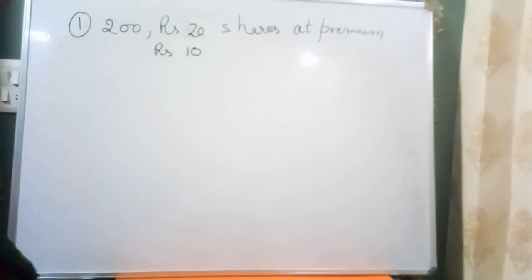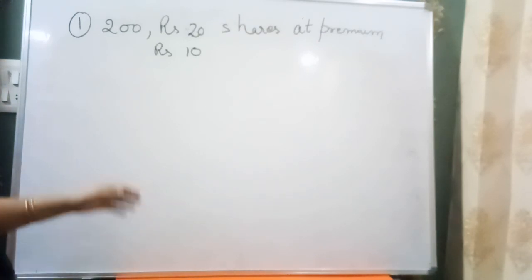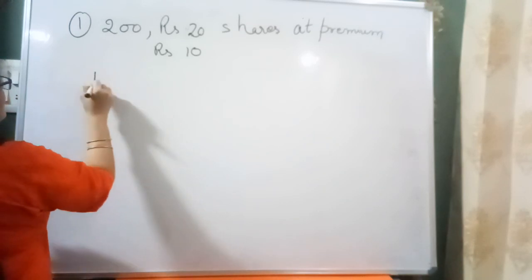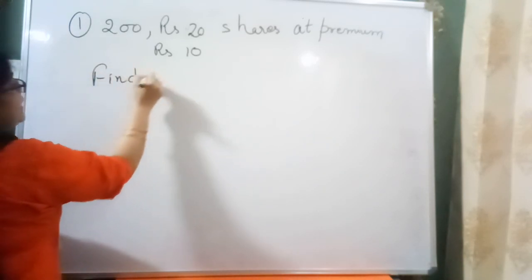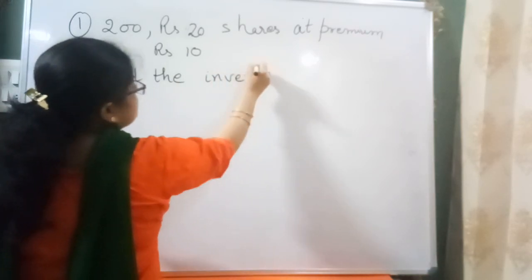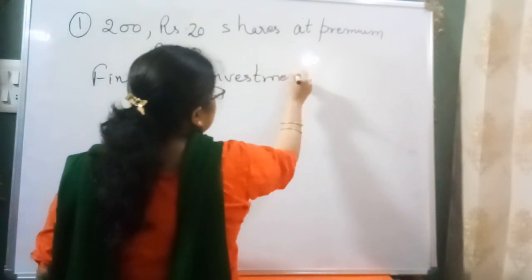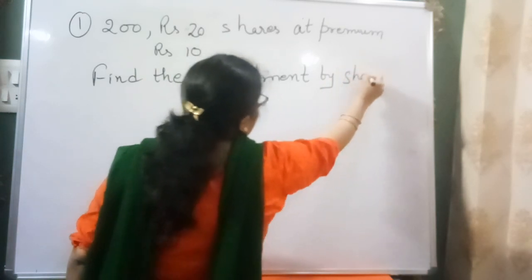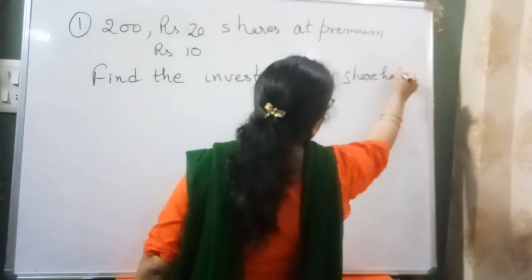For example, the question is written in this way: 200 shares of rupees 20 at premium rupees 10. Then how will you solve this? And it is asked to find the investment by the shareholder or the buyer. Anything can be written there.